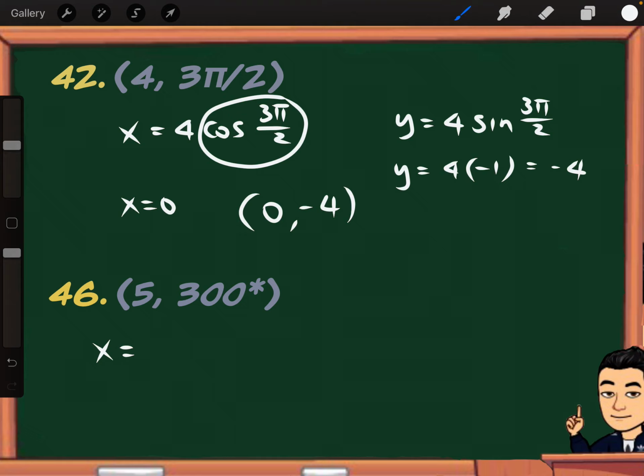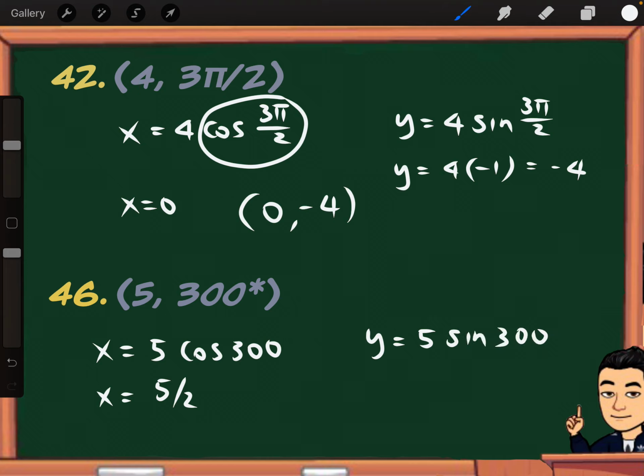So 46, you're going to use x equals, the radius is 5, and then use cosine 300 degrees. So your x is actually going to equal 5 halves. For the y, it's equal to 5 sine 300 degrees.